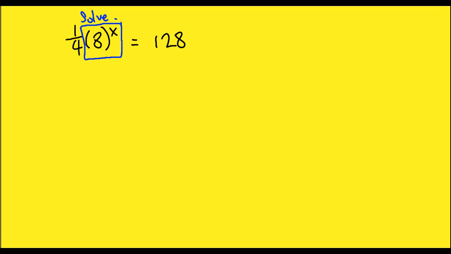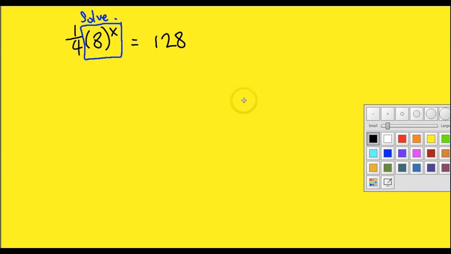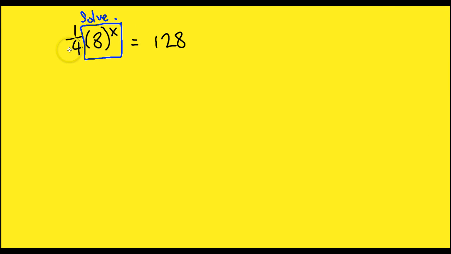So now let's go ahead and get rid of the 1 over 4 because I want to leave the 8 raised to the x power by itself. So I'm going to copy the 1 over 4, but what do you have to do to get rid of the 1 over 4? Well, the relationship between 1 over 4 and this big thing here is multiplication, so I gotta divide. So I'm going to go ahead and divide the 1 over 4, okay?